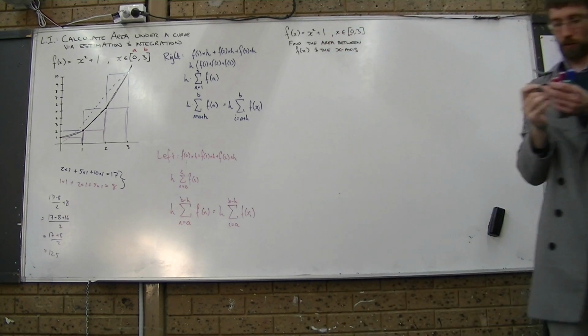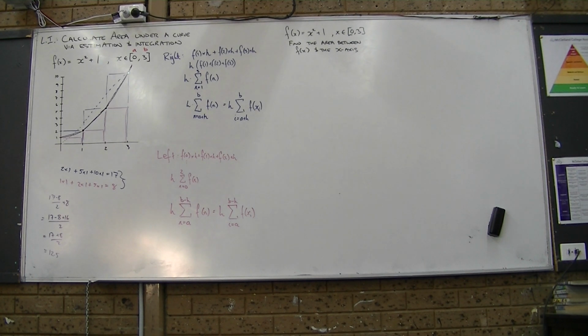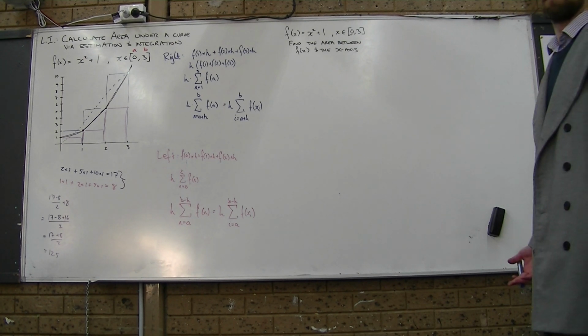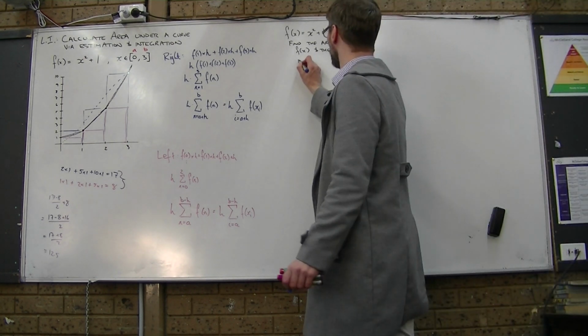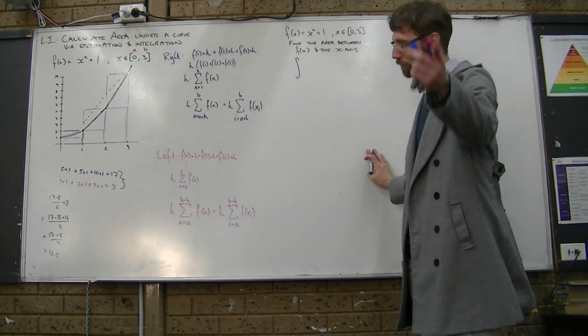How do I actually turn this into pure math? Integrate, so what are my fancy symbols? The big long S. Remember what that sounds like? Summa.